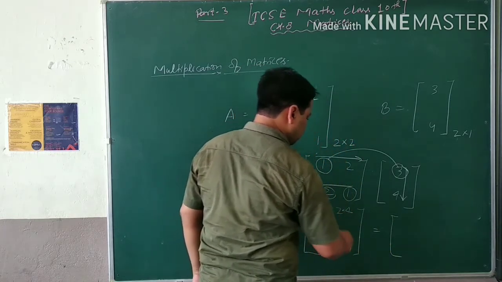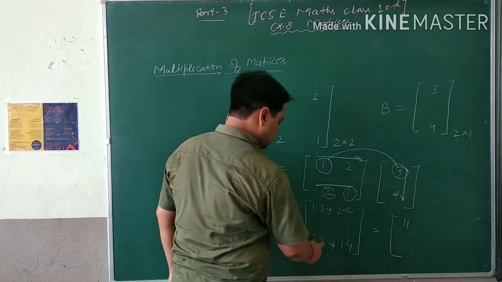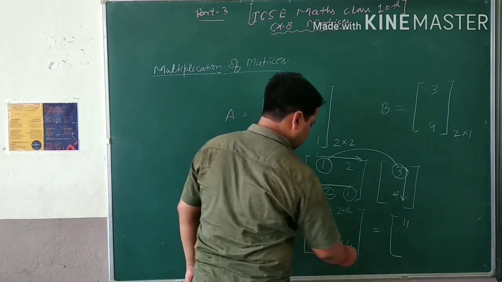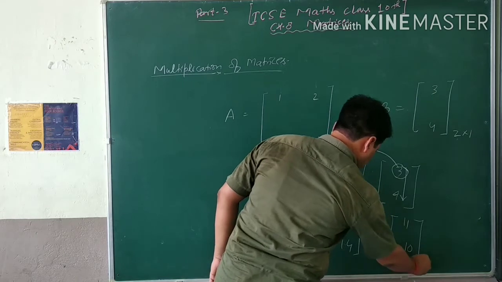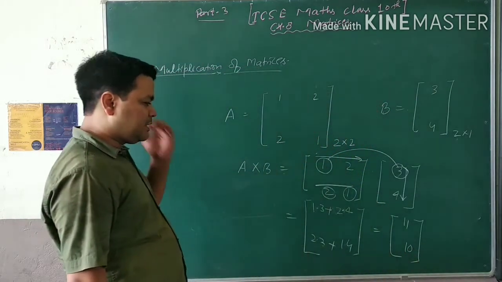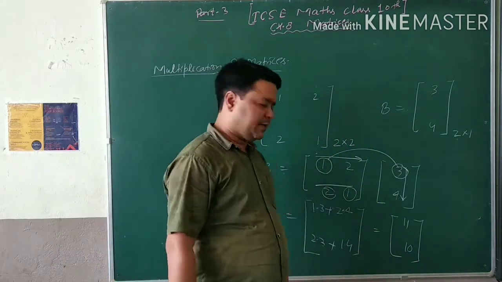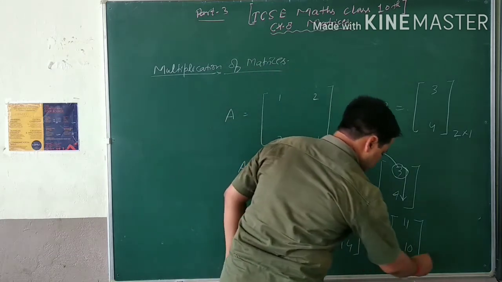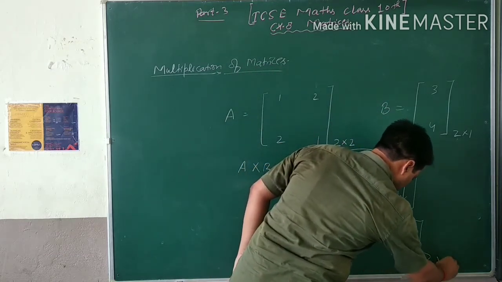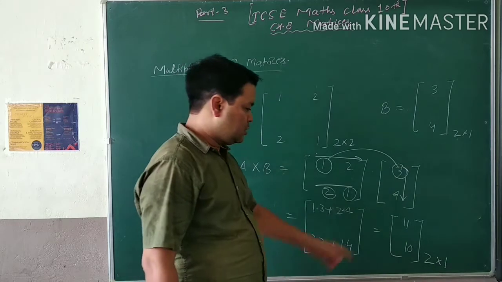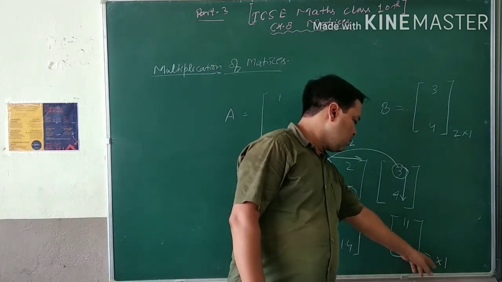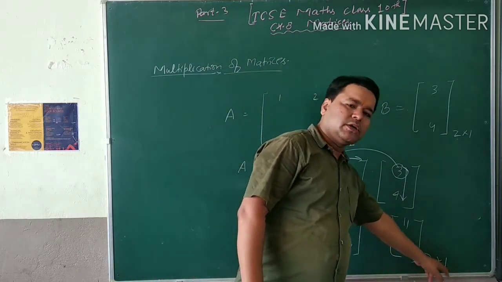So 8 and 3 is 11, and here 2 into 3 is 6 plus 4, that is 10. The resultant matrix is 11, 10, and the order of this matrix is 2 by 1, 2 rows and 1 column.